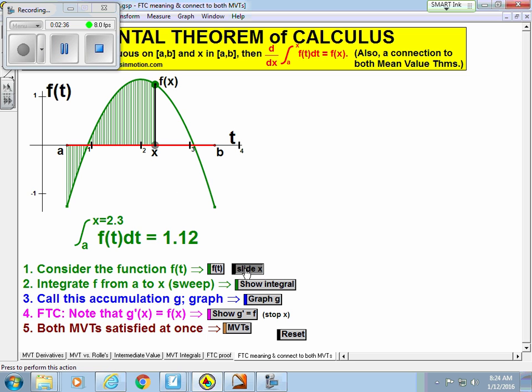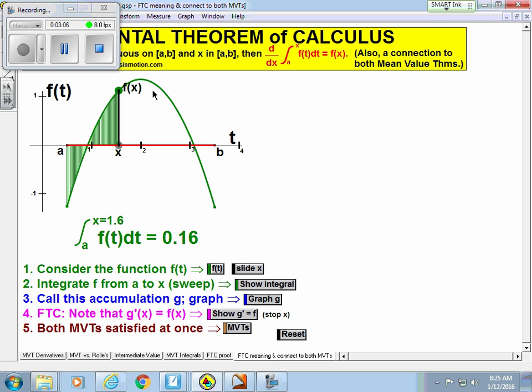And so on this function, I have the integral calculating. Now, your calculator would do that. It would take a while, but it would do it. Now, what I'm going to do next is plot the graph of the integral. So if x is 1.6, I'm going to plot the y value as 0.16, which is the area that's been accumulated.